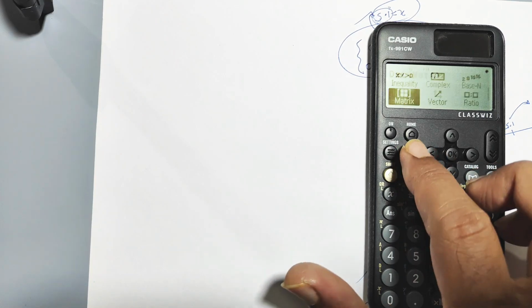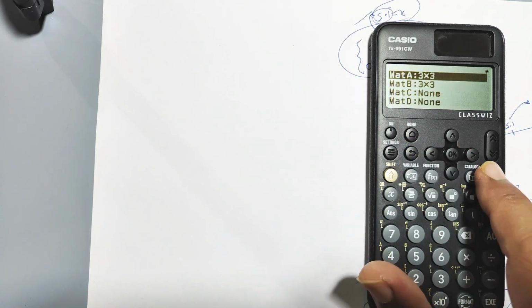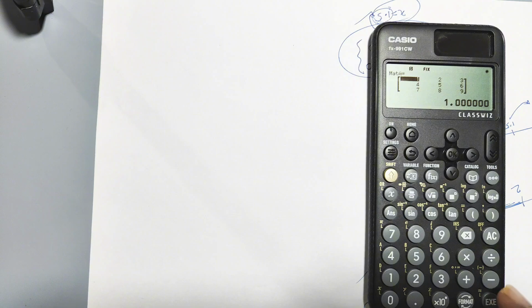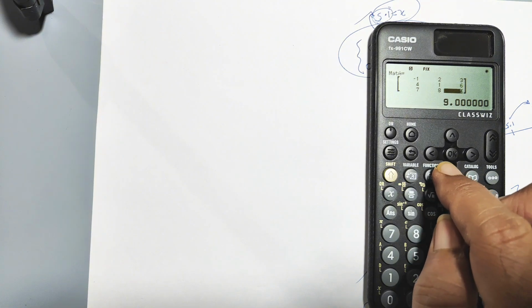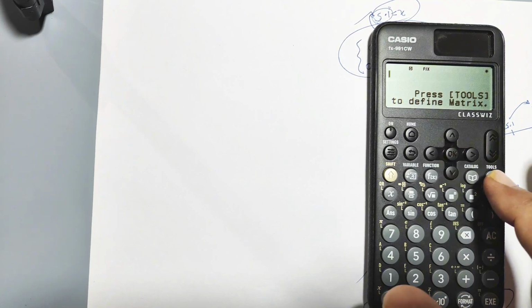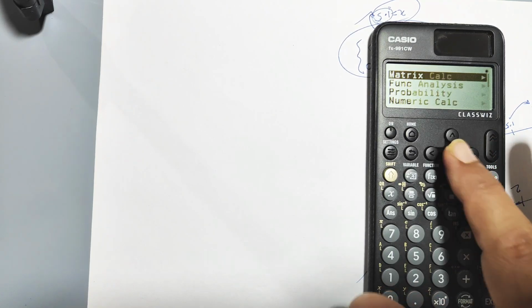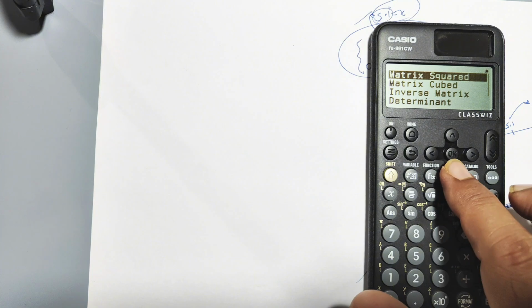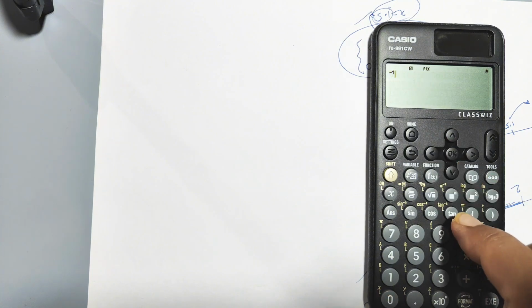Right? So when you come back and go to tools and edit, if I press -1 here, execute, and some more values I change. This value I change to 1. This value I change to 3. Right. Now the matrix A is modified, and let us see, enter into catalog, matrices, matrix calculations, and you find the inverse now.